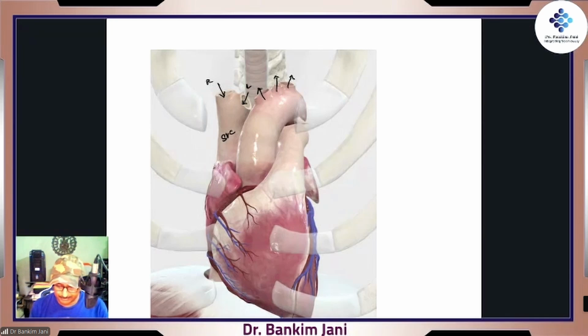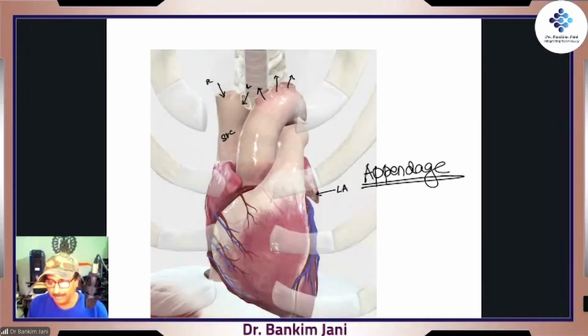Here even a small portion of the left atrium is seen. It is called the appendage, the left atrial appendage. Appendage means a blind sac or blind pouch.